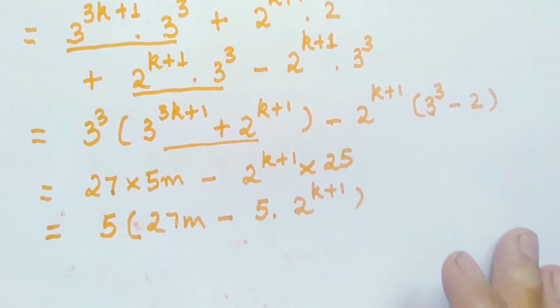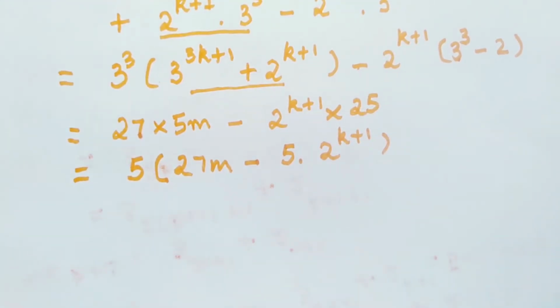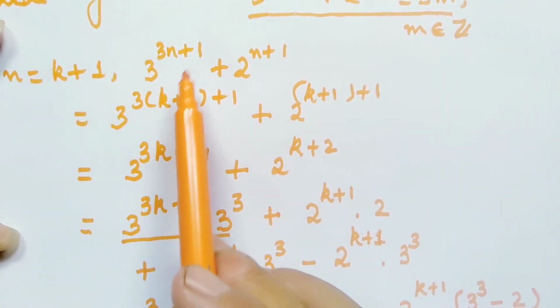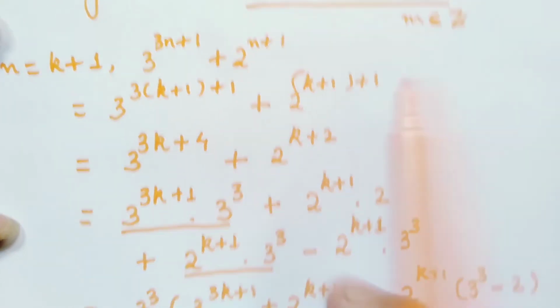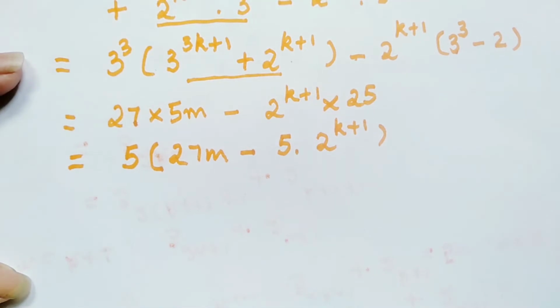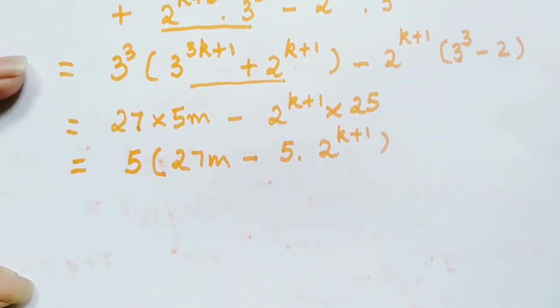Now here we take 5 common, we have 5 into (27m minus 5 into 2^(k+1)). So now we see that this term 3^(3n+1) + 2^(n+1) is equal to 5 into this factor, which is a multiple of 5.